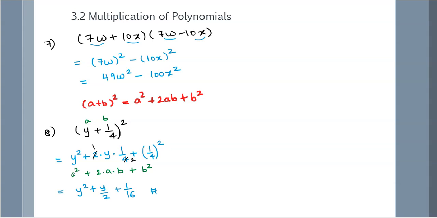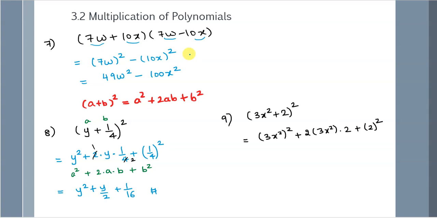In the same way, it doesn't matter what you are having. You can solve multiple questions. Like if you have 3x squared plus 2 and its whole square. Again, the same rule is going to be used. So you can write it as 3x squared, that is a square, 2 times 3x squared times 2, and 2 power 2.